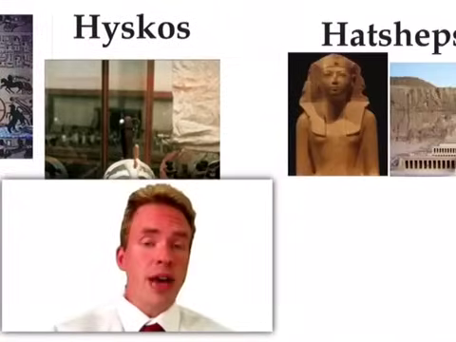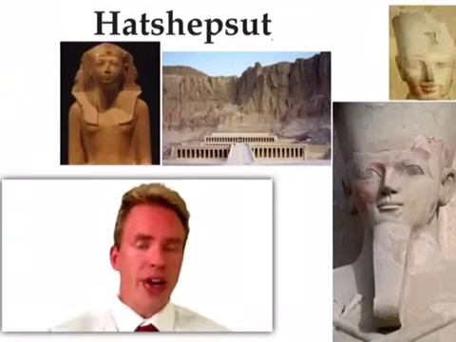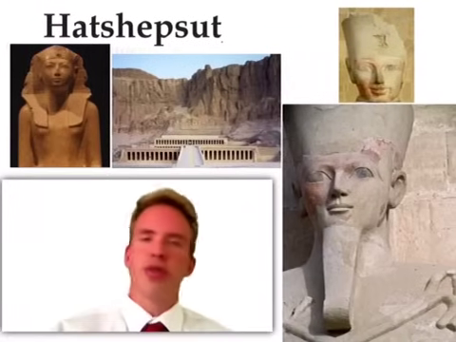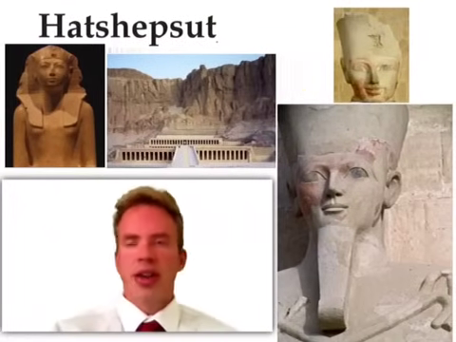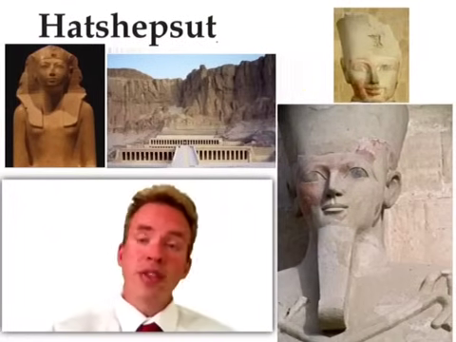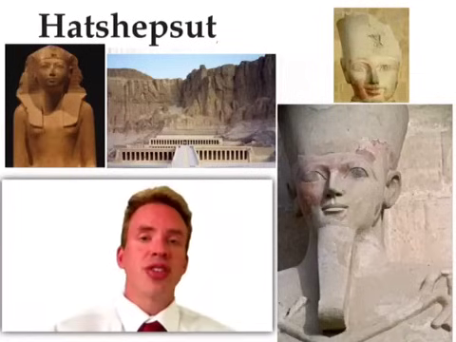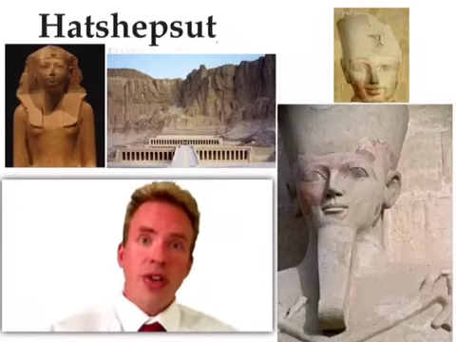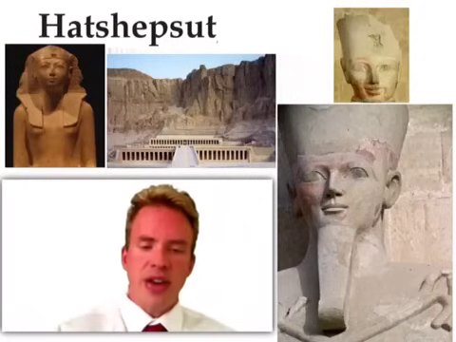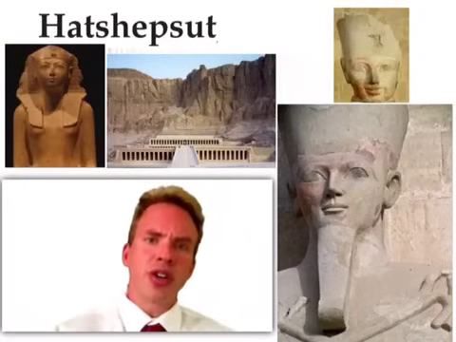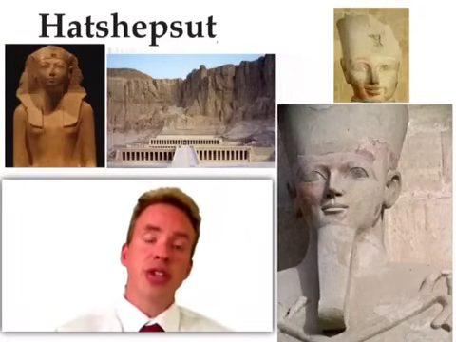The New Kingdom has a couple notable pharaohs that I would just like to highlight for you. There are many more pharaohs than this, but we have a limited amount of time. One of them is Hatshepsut. She is the first female pharaoh, and by all accounts a very effective ruler and very impressive figure in Egyptian history.